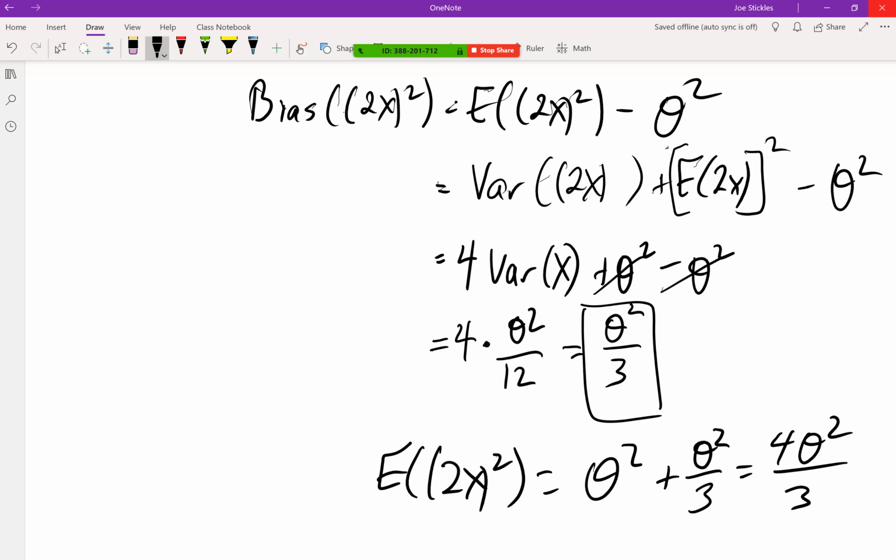That adds up to 4/3 theta squared. So if you want to make it an unbiased estimator, you would just need to multiply by the 3/4, like we did in that previous example when we multiplied by the m over m minus 1.